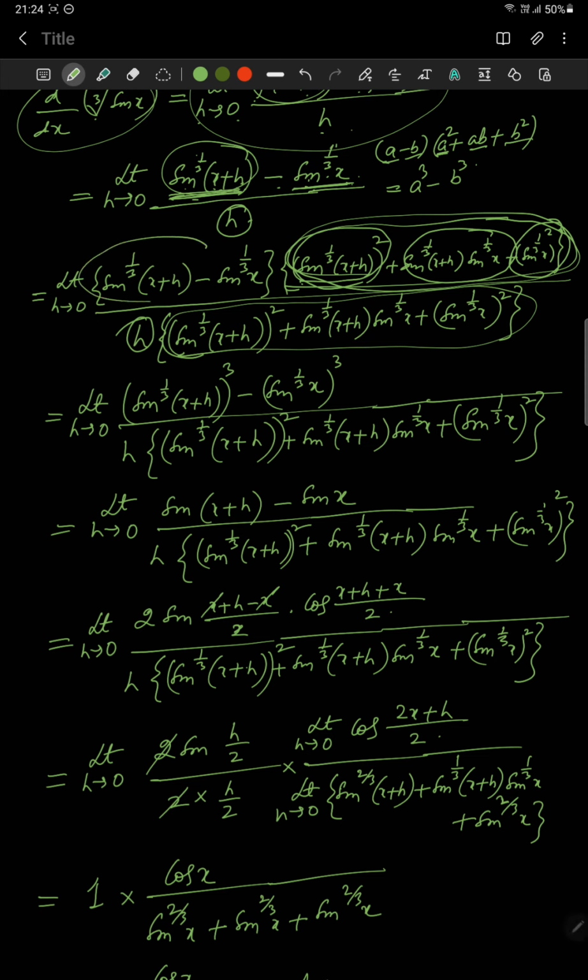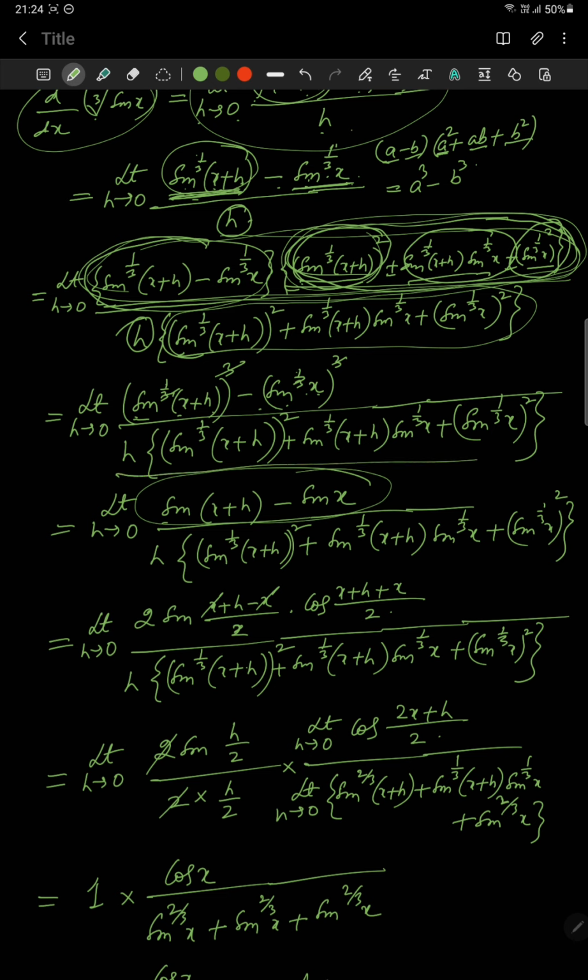In the numerator, it is in the form a minus b times a square plus ab plus b square, so it becomes a cube minus b cube, that means the cube of sin to the power 1/3 of (x plus h) minus the cube of sin to the power 1/3 of x. Finally these cubes and cube roots get cancelled, so we are left with sin(x plus h) minus sin x, which is written over here, and the denominator is copied as it is.